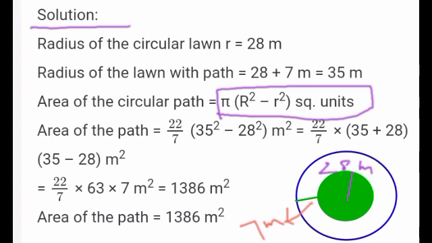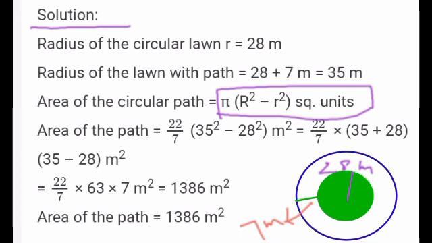Area of the pathway equal to pi into capital R square minus small r square square units. Substitute the value of pi 22 by 7 into 35 square minus 28 square. We can write 35 square minus 28 square as 35 plus 28 into 35 minus 28.